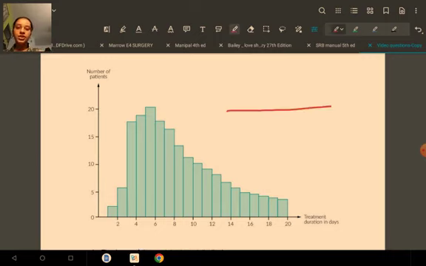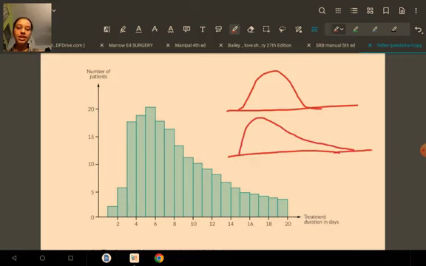So the normal distribution looks something like this, but the distribution here looks something like this. There is a long tail-like structure here, a tail in the positive direction of the scale. So this histogram is basically showing asymmetrical distribution, positively skewed distribution, because there is a tail pointing in the positive direction of the scale.